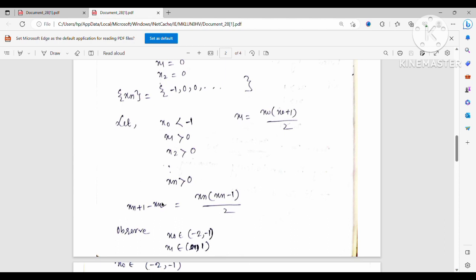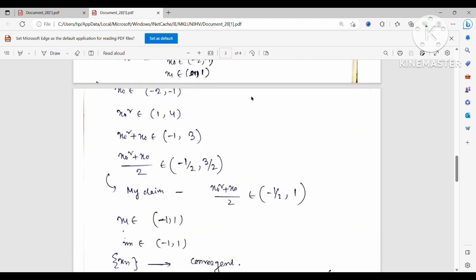Now if we observe this relation, x(n+1) minus xn equals xn times (xn minus 1) by 2, and if x0 belongs to (-2, 1), I can write it down that when the value of x0 is very close to minus 2, then the value of x0 square is very close to 4.